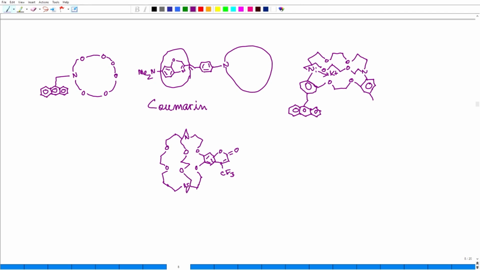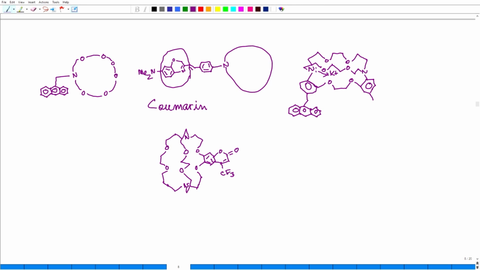Okay. This is the compound, and here also this is a coumarin derivative. When it is empty, even though it is integrated, no fluorescence. But when I put potassium, we see very strong fluorescence.